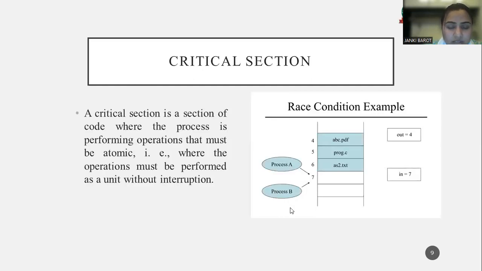From n processes, we will allow only one process to access that resource. And the other n minus 1 processes, we need to put in wait mode, in a queue, on hold, right?